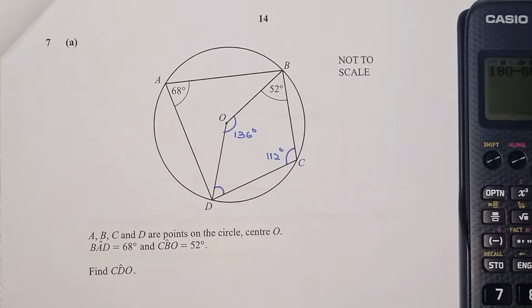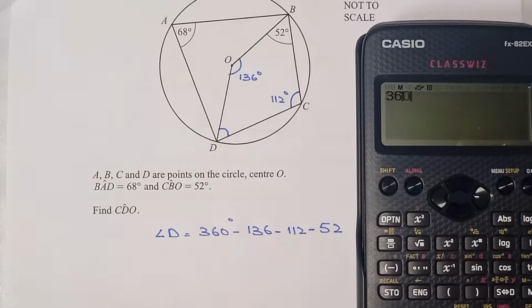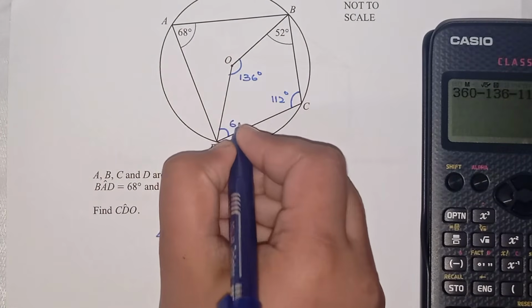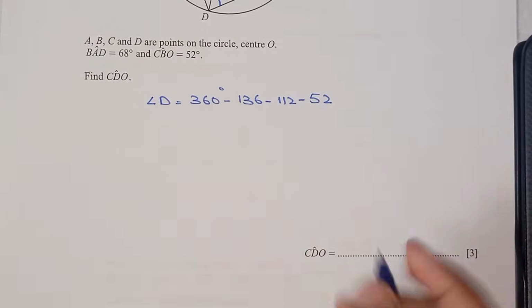So we can find the angle D by doing 360 degrees, subtract angle O, subtract angle C, subtract angle B. We will get angle D. So this would be 360 subtract 136 subtract 112 subtract 52. So this would be equal to 60. So the angle D is 60. So CDO would be equal to 60 degrees.